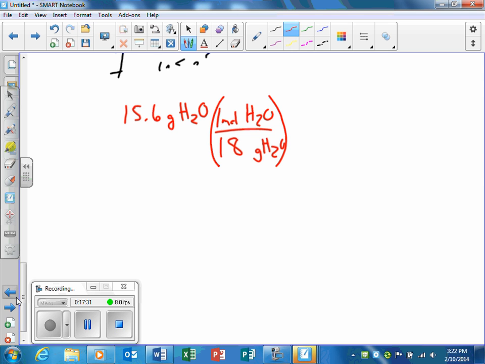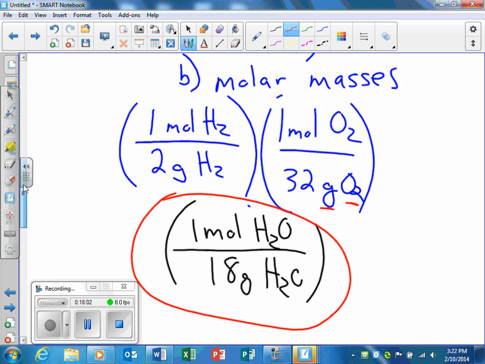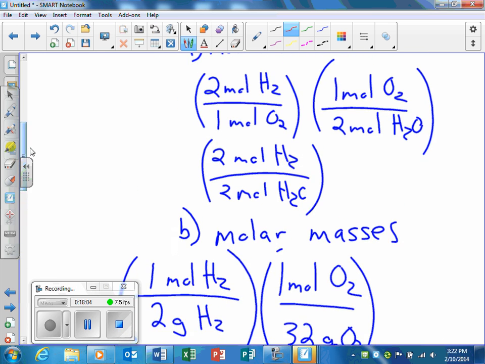Do you get it? So now this factors out. Am I looking for moles of H2O? No. So now I've got to look for a way to factor out moles of H2O. And I need to really get to the whole oxygen thing, right? So now I'm going to use my mole ratios. So look at this. What do I have? Oh, right here.